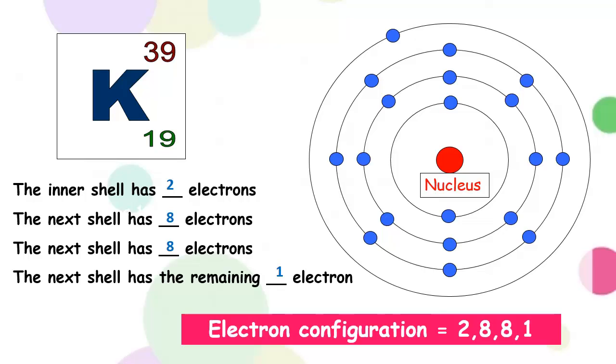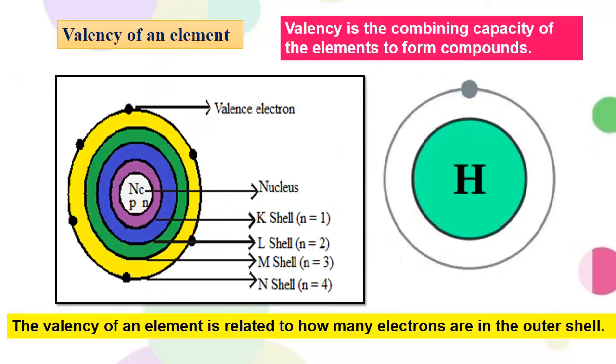Now from this electronic configuration, children, we know a very important concept of valency. Now what is the valency of an element? Valency is nothing but the combining capacity of the elements to form compounds. In our day-to-day life, you have heard about many compounds, from urea to sodium bicarbonate, caustic soda, your detergent, your soap.